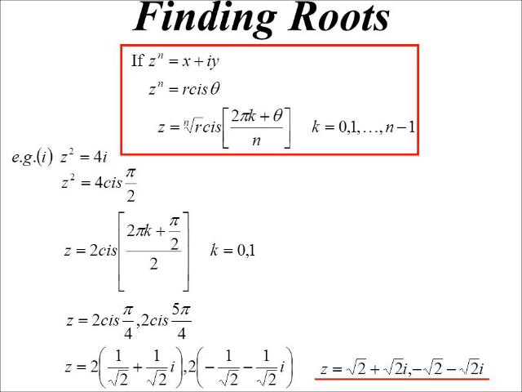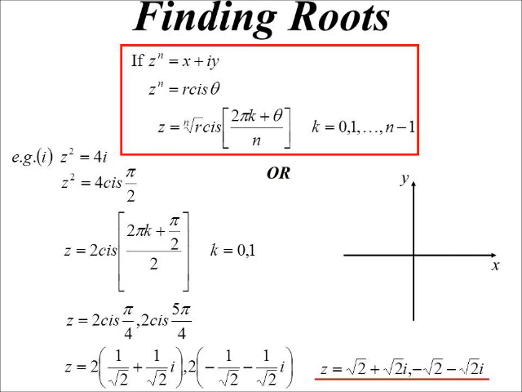If I was talking about cube roots, then I know every 120 degrees there's going to be a solution, and so on. Because that's basically what you're doing with this 2 pi k divided by n. You're getting a revolution dividing it by the number of solutions, so you're adding on that many each time.